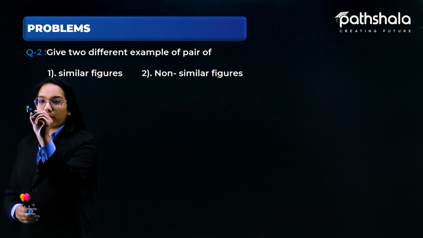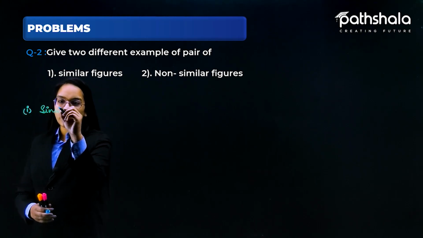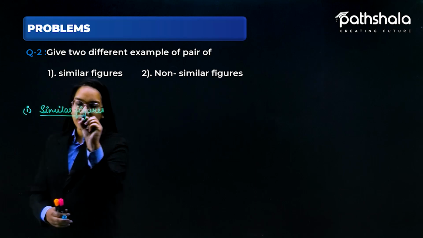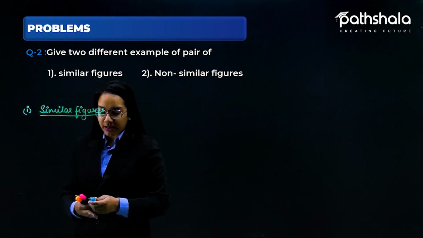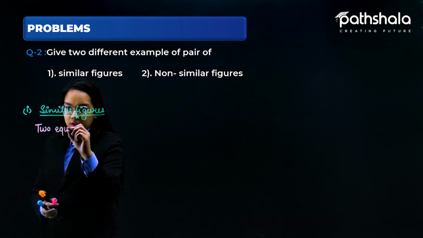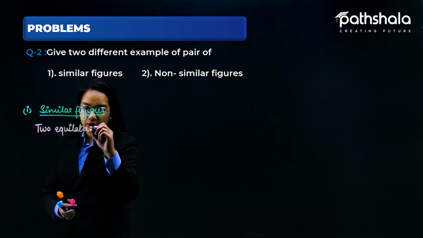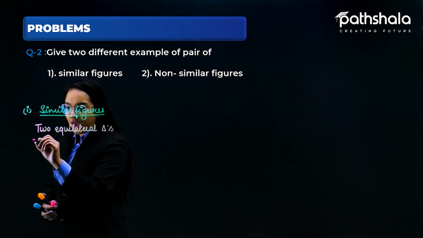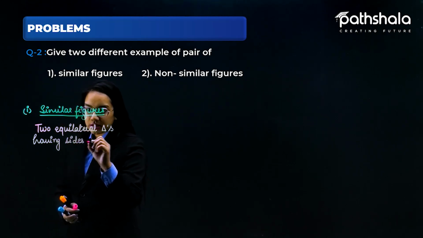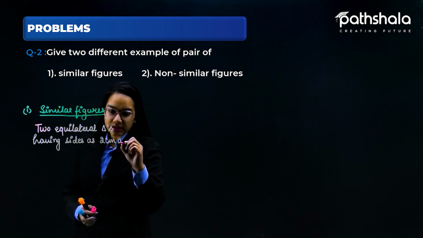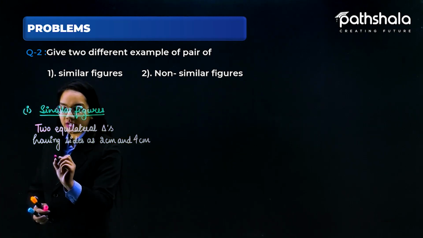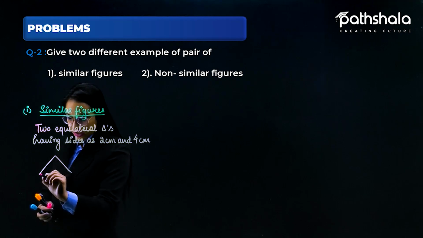If I'm talking about the similar figures only, let us suppose I am taking an example of 2 equilateral triangles having sides as 2 centimeter and 4 centimeter.